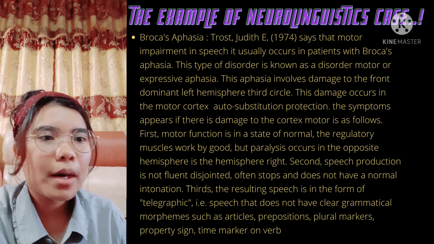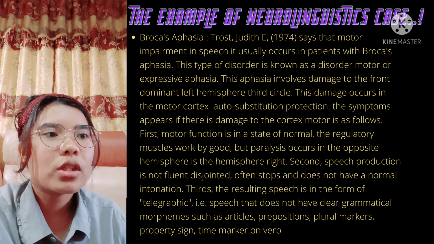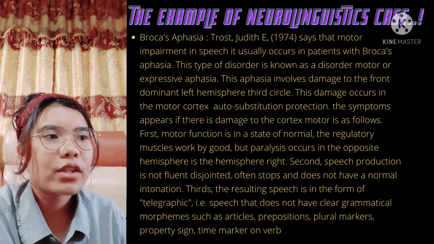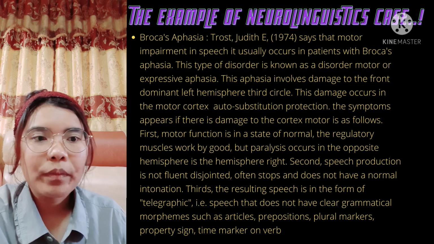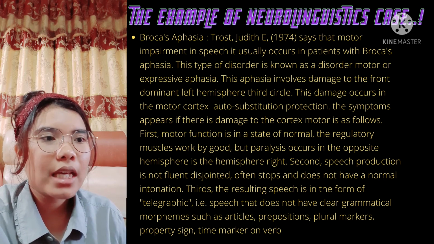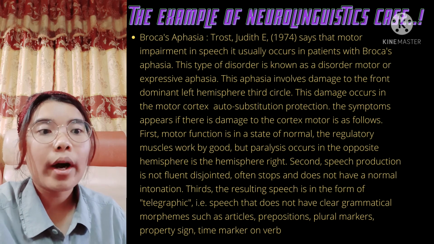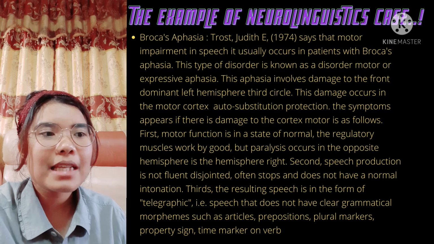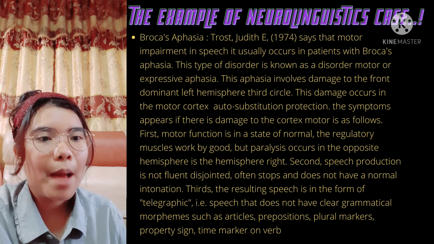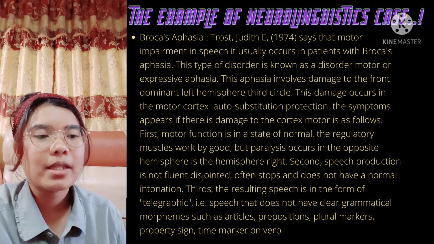The symptoms appear if there is damage to the motor cortex as follows. First, motor function is in a normal state. The regulatory muscles work well, but paralysis occurs in the opposite hemisphere, which is the right hemisphere.